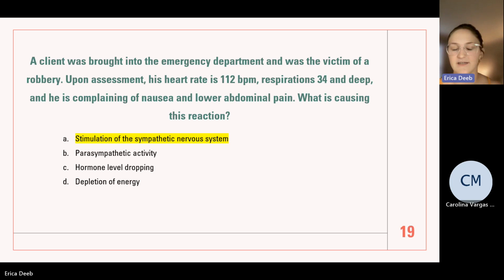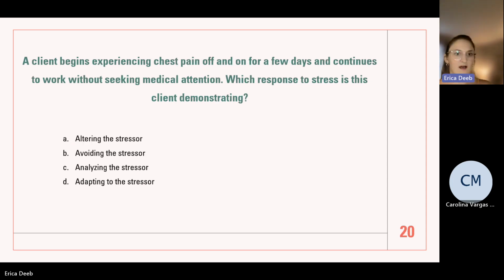So I always think rest and digest, this is when your body's recuperating. And so you're going to have lower heart rate, lower respiration. So it's the opposite of that sympathetic nervous system. It's the other balance. It's the balancing act.